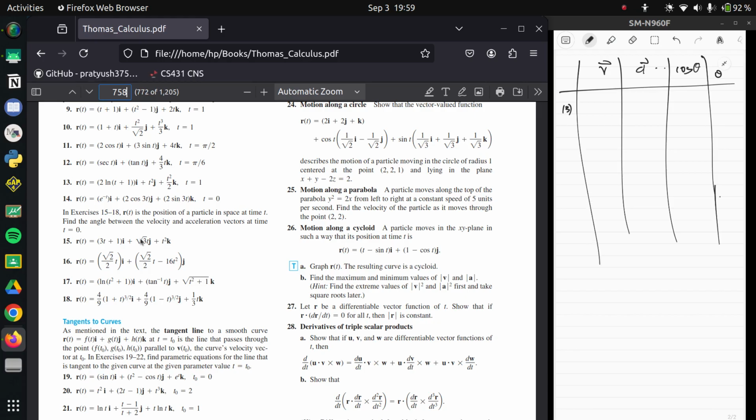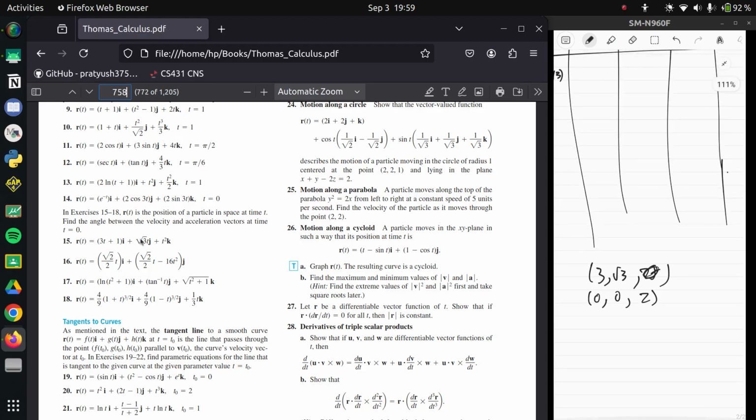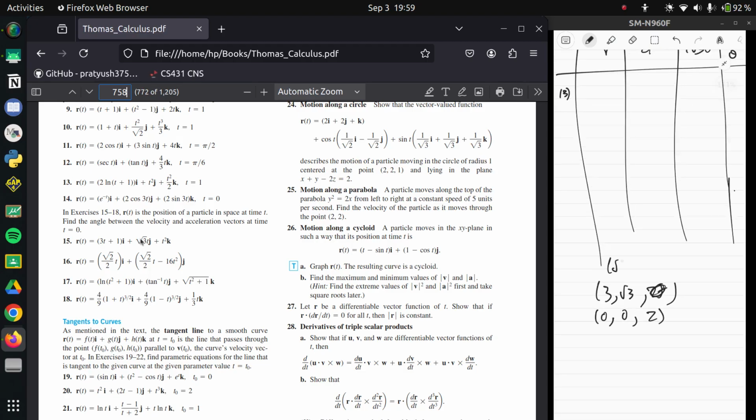So 15th is r of t is this stuff. Your velocity is just 3 comma square root of 3 comma 2t, and we want to do it at t. Oh, so everything's at t equal to 0. Amazing. So it's just 3 comma square root of 3 comma 0, and the acceleration is just 0 comma 0 comma 2. So you just forget this square root 3 stuff. It becomes square root 3 comma 1 comma 0, and the acceleration is this.